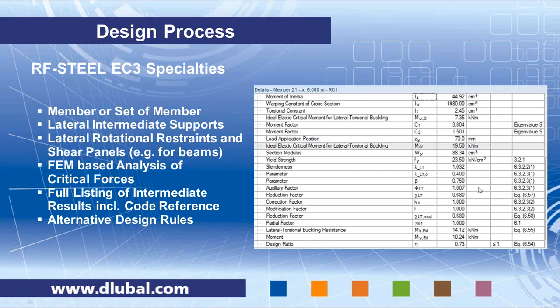You can also make hand calculations and compare what the code gives as a result and what the software gives as a result. Therefore, you can raise the trust in your software and you can prove to all the other engineers that look at this design that your calculations are correct.